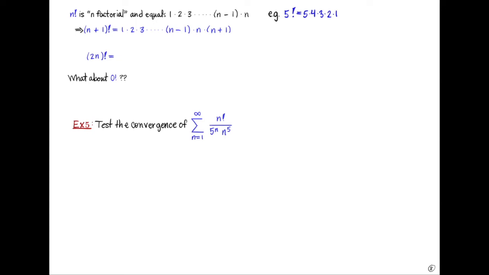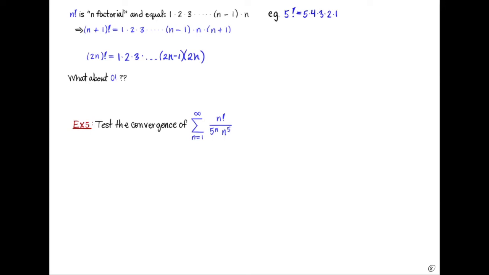We start at 1 times 2 times 3 times dot, dot, dot, and now we go all the way up to 2n minus 1 times 2n. It is not the even terms, so just note it's not 2 times 4 times 6.